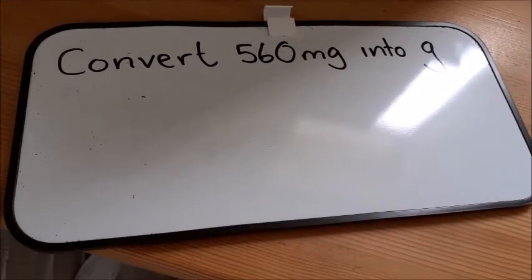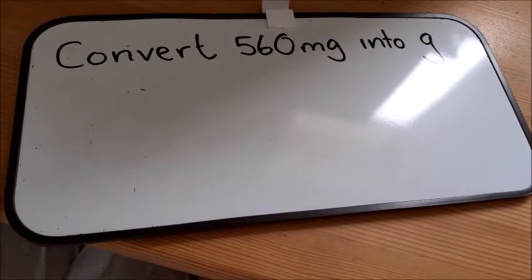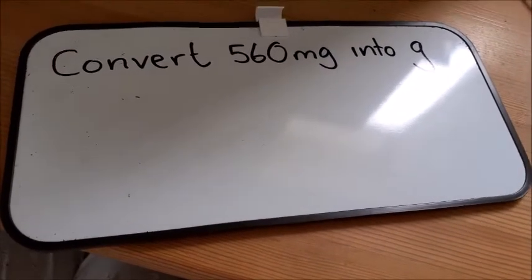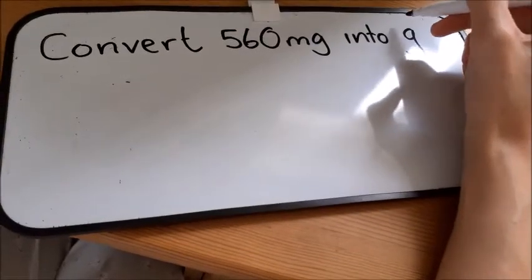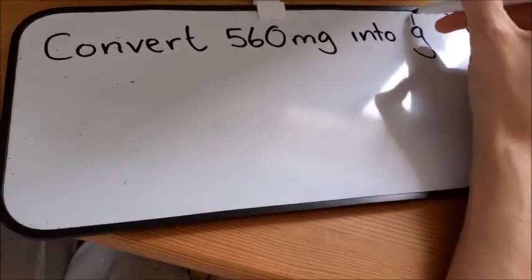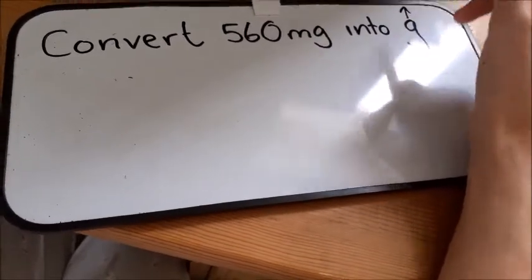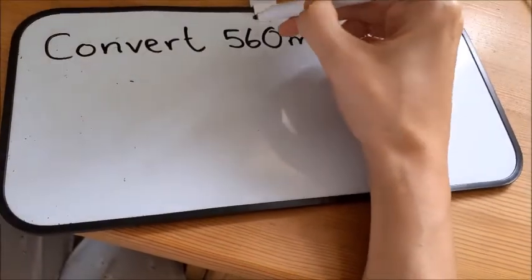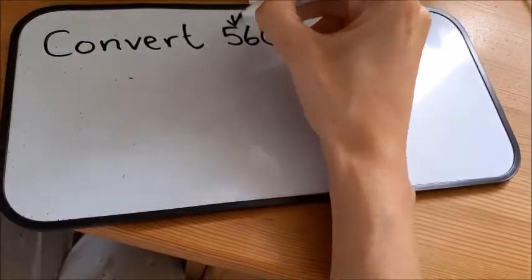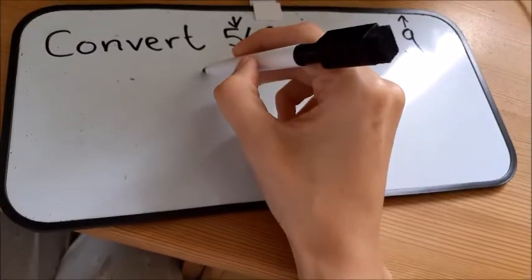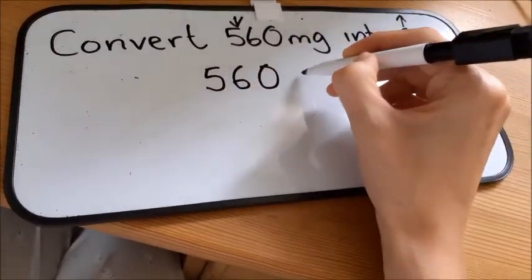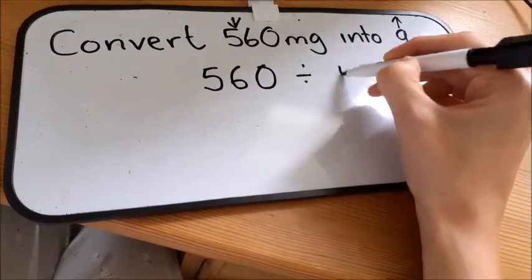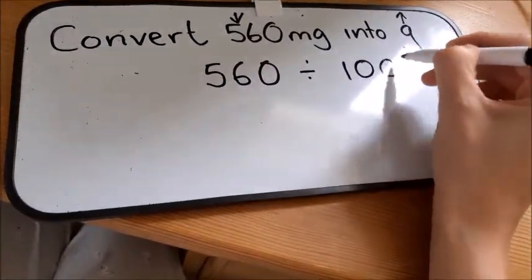Okay, so the first conversion we have here is convert 560 milligrams into grams. Now, an easy way that I like to think about it is that because grams is a larger measurement, this number here is going to become smaller, so we're dividing here. 560 divided by 1,000.